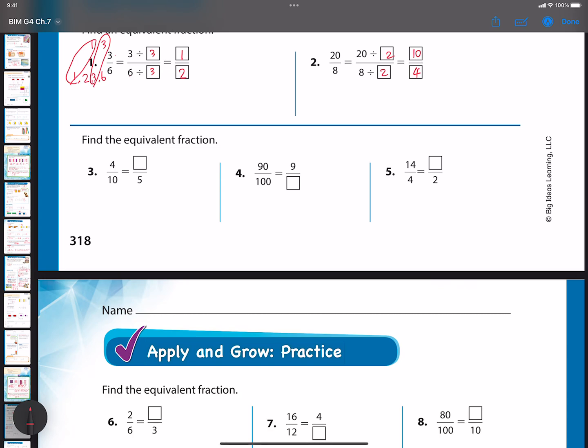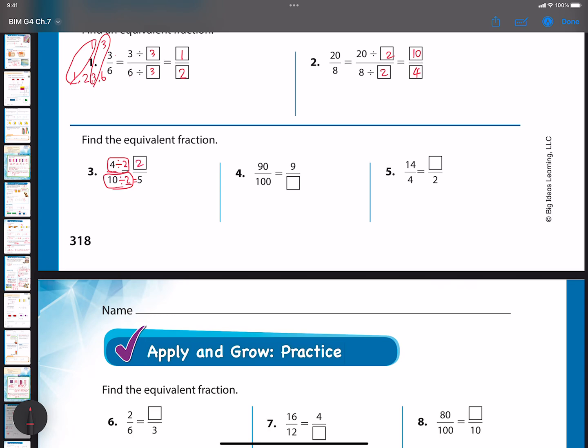Find the equivalent fraction again. 10 divided by what is going to make 5? That's easy, 2. Anything you do to the denominator, you have to do to the numerator, because we need to divide equally, we need to multiply equally, to make the same size. So this is going to be 2.